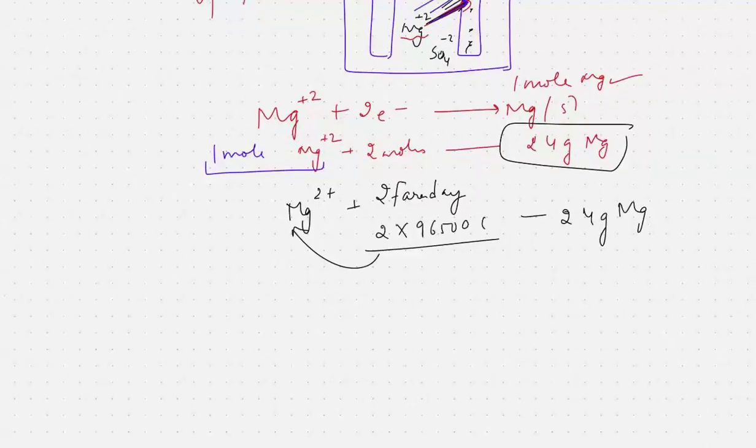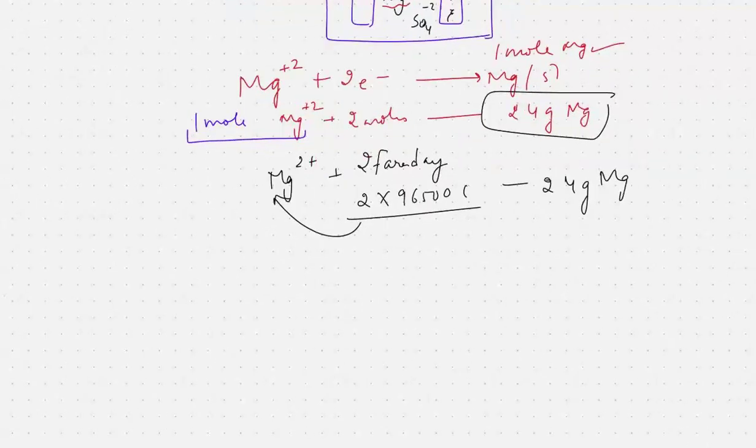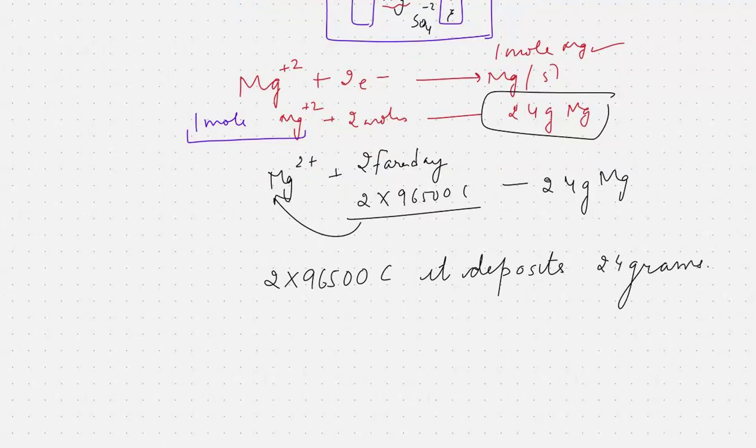So can I say, according to the question now, we have to make a unitary method, right? We say that if I provide 2 into 96500 coulomb, it deposits 24 grams. So how do I make 1 coulomb?